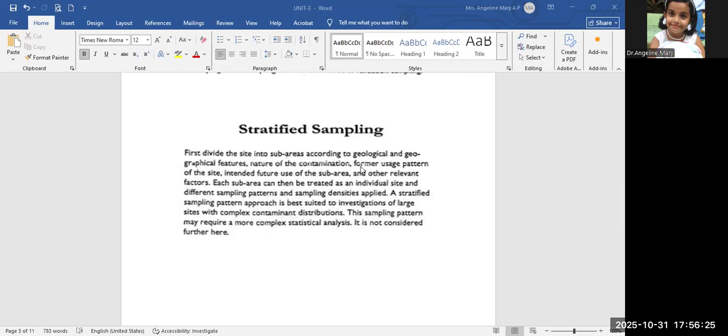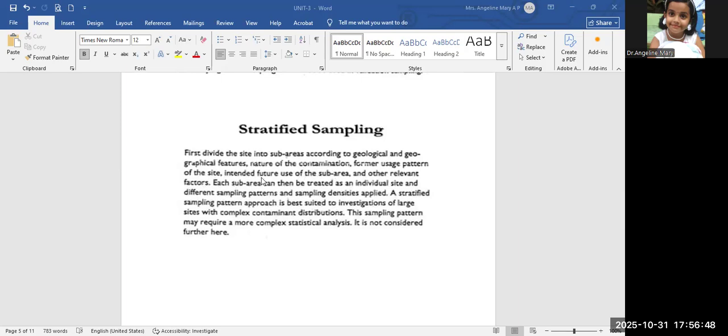In that area, we subdivide according to the geological background and geographical features, what contaminants are present in the soil and water, how much fertilizer is used, and what fertilizers are used in that land or site. Those things should be investigated beforehand, and we can collect the data.